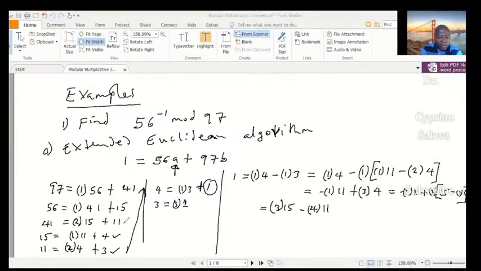So let's now see what about 11. What is 11? 11 is 41 minus 2 multiplied by 15. So this is the same as 3 multiplied by 15 minus 4, but instead of 11, we know that it's 41 minus 2 multiplied by 15.